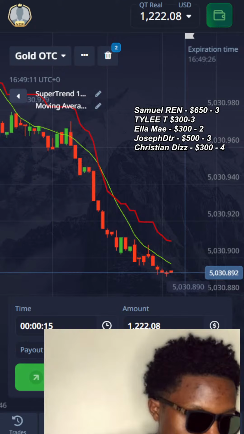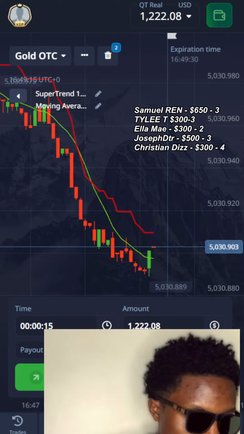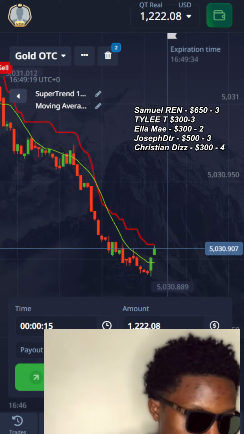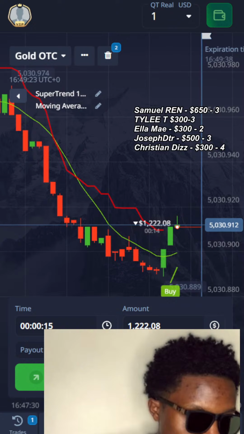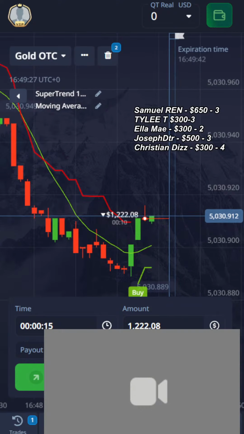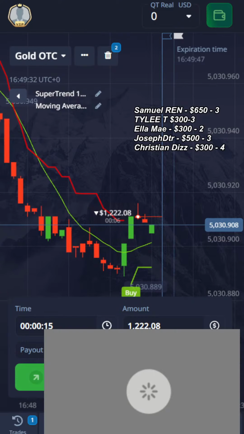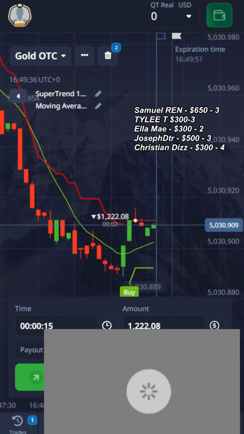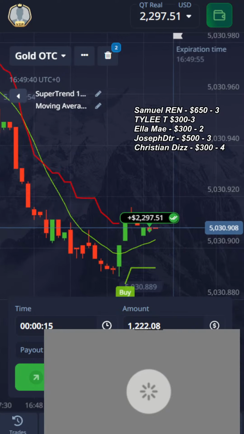Yes, we are moving down, down, down. Probably I'm going to take another sell right there. Another sell taken right there. I'm going to be waiting to see how this one pans out.